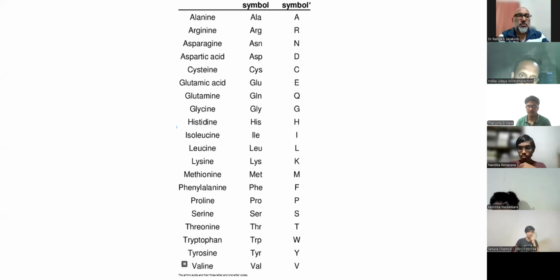Okay, as I told you, you can do the sequence matching starting with the sequence 1, sequence 2. You can align them like this. So this is called the sequence alignment, right? So before we start doing sequence matching, you have to do a sequence alignment.